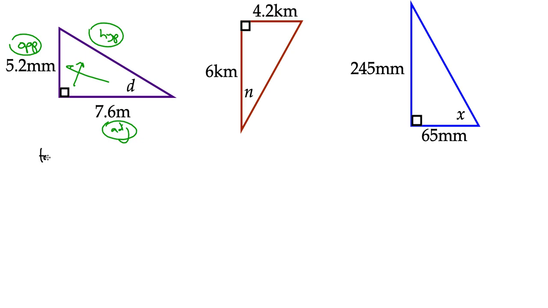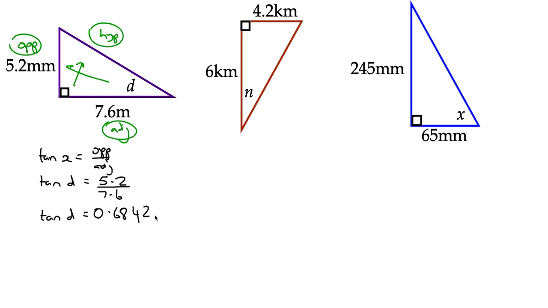Okay, formula. Substitute in, this time the angle's D. Calculator, 5.2 divided by 7.6, 0.684 2, and so on.